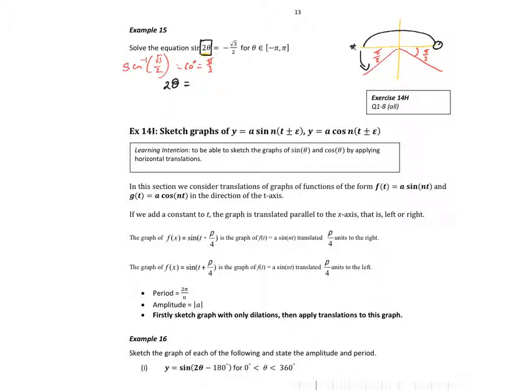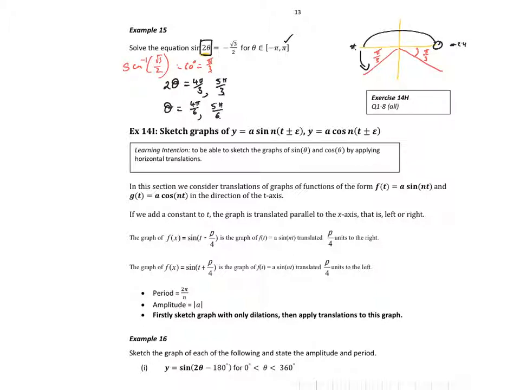That's pi plus pi on 3, which is 4 pi on 3, and going around to 2 pi minus pi on 3, that's 5 pi on 3. Now if I divide by 2, I get theta is equal to 4 pi on 6, 5 pi on 6. Notice both of them now fit inside that domain.